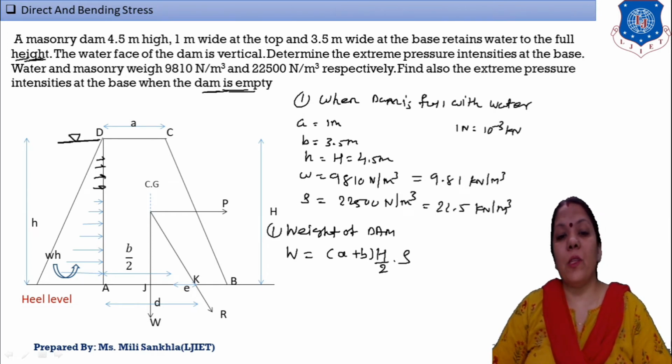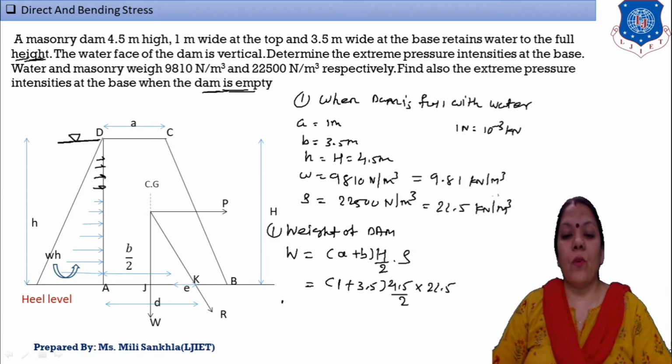Now one by one put the value given in data. 1 plus B is given 3.5 and H is given 4.5 by 2, and rho, density, is given 22.5. Now capital W is equal to 227.81 kilonewton. Here we find out first value of capital W.